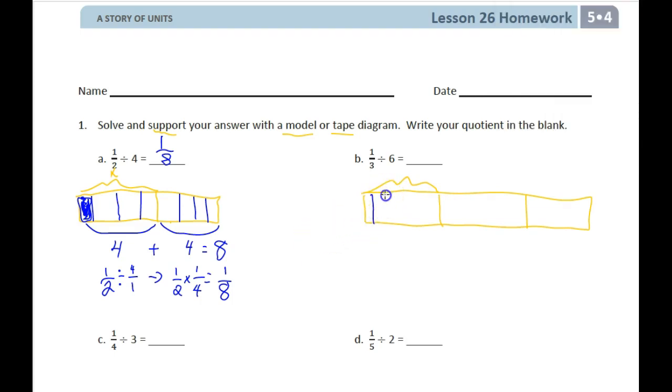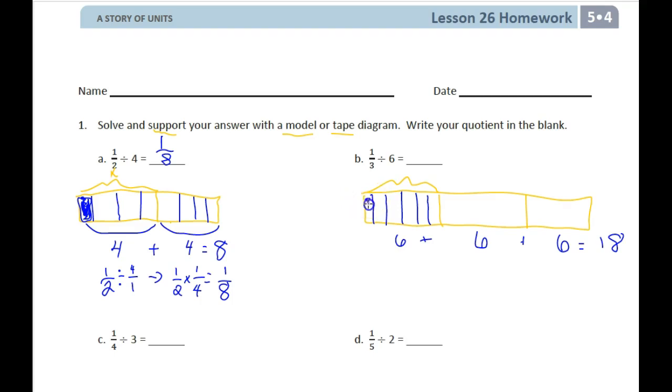So 1, 2, 3, 4, 5 lines gets you sixths. And if we do that all of these times, we're going to have 6 pieces here, 6 pieces here, 6 pieces here. So when you take your thirds and add them together, you're going to have 18 pieces all together. But it's telling us to take a look at just 1/3 that's been divided into 6 pieces.